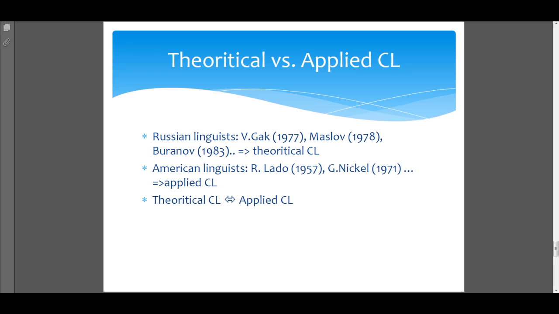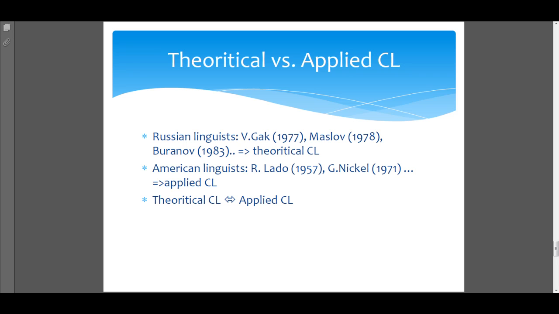Within the topics of the contribution of contrastive linguistics, it's also worthwhile to mention the two schools of linguists that make very different contributions. While the Russian linguists, with the famous linguists on the screen, as you can see, mainly contribute to the theoretical studies, American linguists like Lado are more interested in studying practical issues like language teaching and translation.